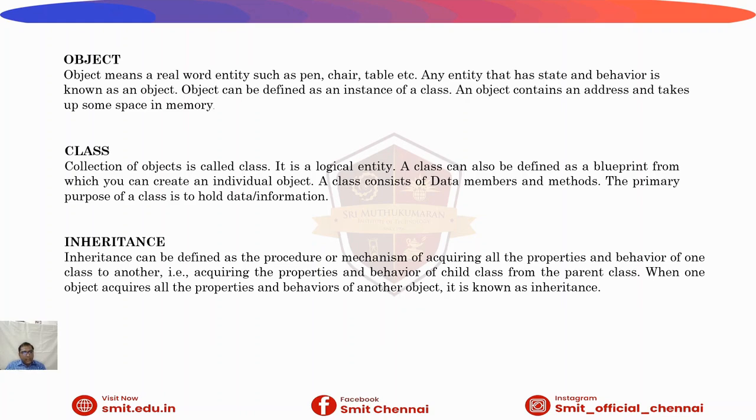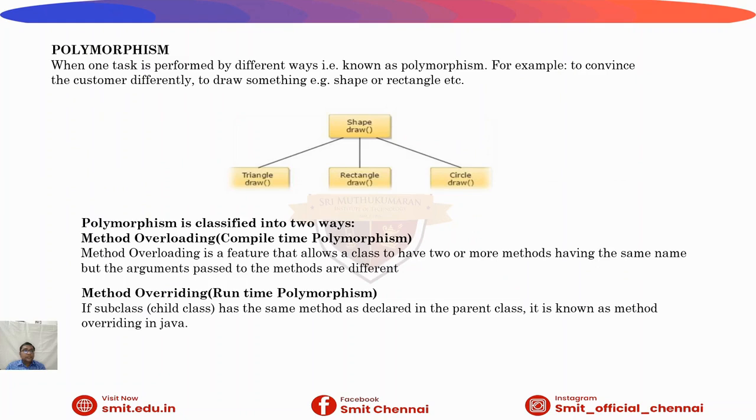The third one is inheritance. It is a mechanism of acquiring all the properties and the behavior of one class into another. That means the child class will inherit the properties of its parent class. Next one is polymorphism. That is, when one task can be performed in different ways, that is what is called polymorphism.